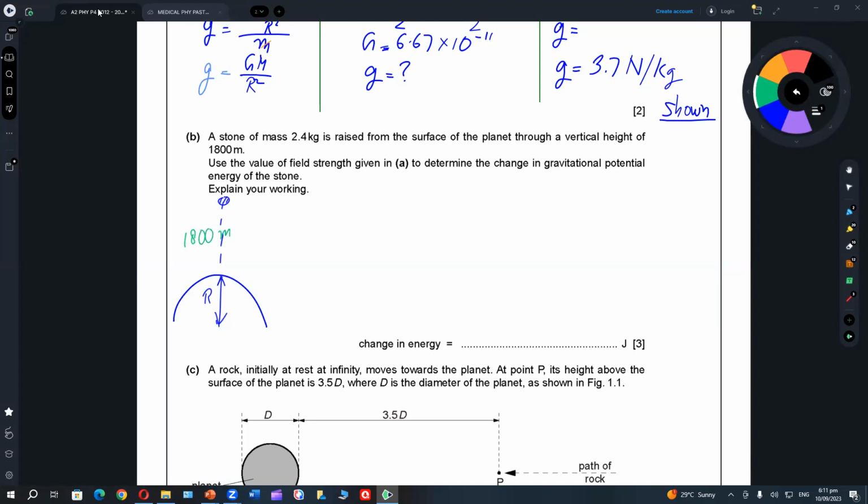Use the value of the field strength given in it to determine the change in gravitational potential energy. So this is a rough diagram. Do not make any diagram in the actual paper. I have just shown it for understanding that it is above the surface.